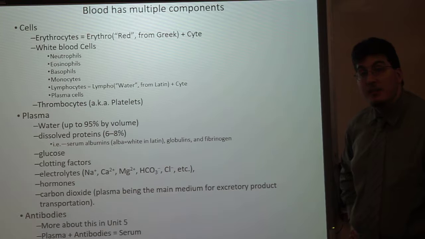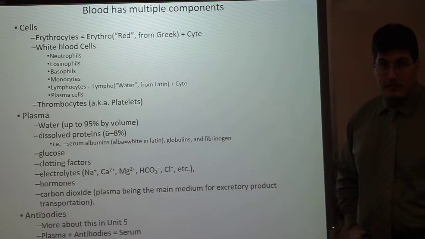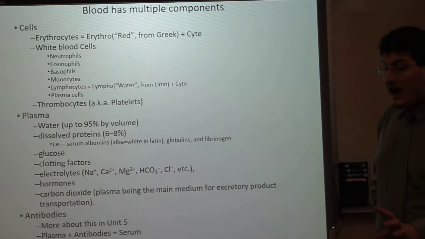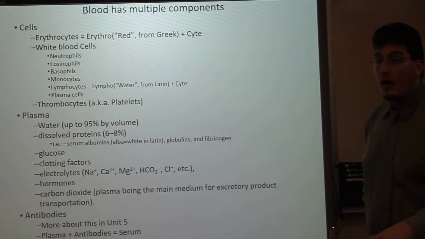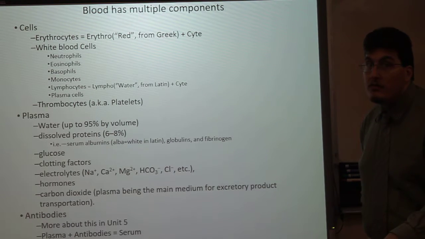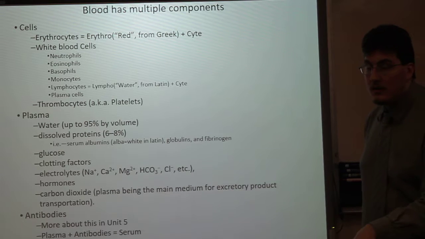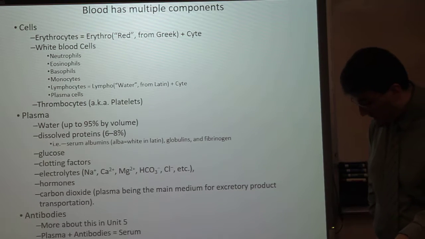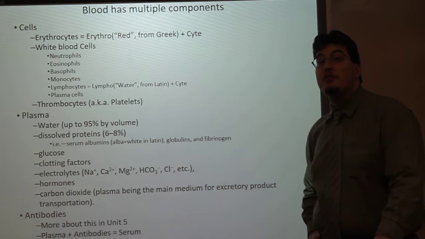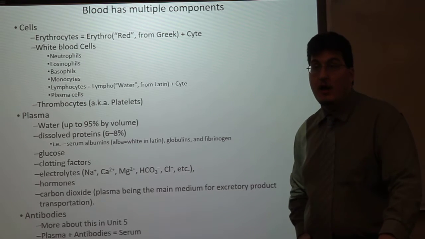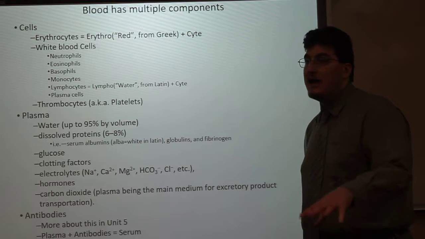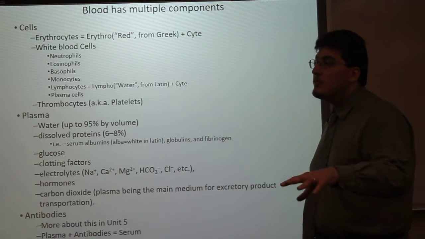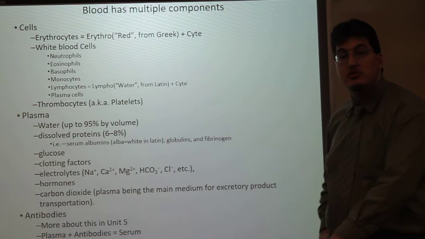Antibodies plus plasma is called serum. So when you have serum and cells, that's what gets you blood. When you remove the cells from the blood, you have serum. When you remove the antibodies and the cells, you just have plasma.